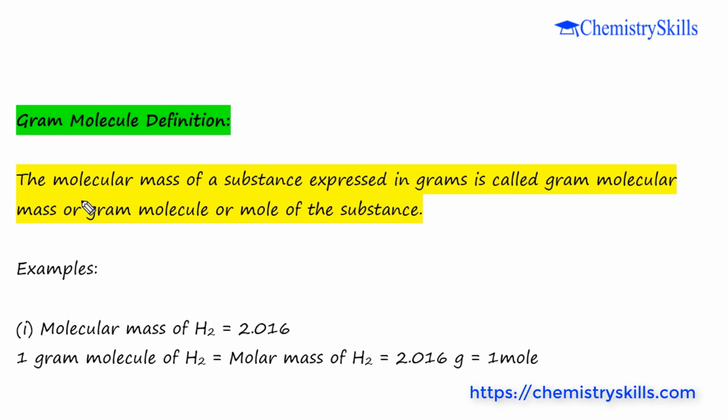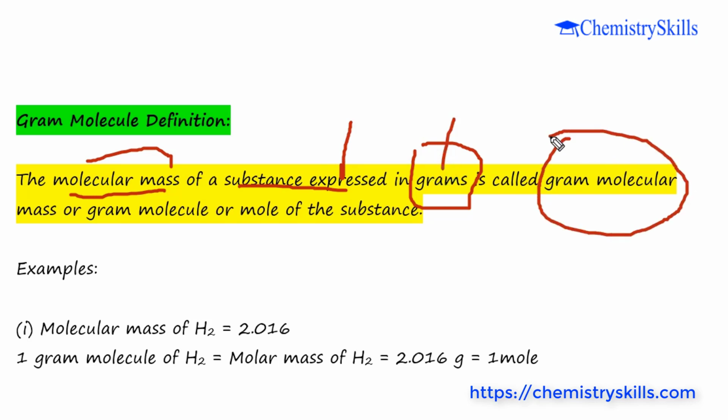So what we can say is, the molecular mass of a substance expressed in grams. At the elemental level, we discussed the atomic mass of a substance expressed in grams, but here the molecular mass expressed in grams is called gram molecule or gram mass molecule or mole of that molecular substance.